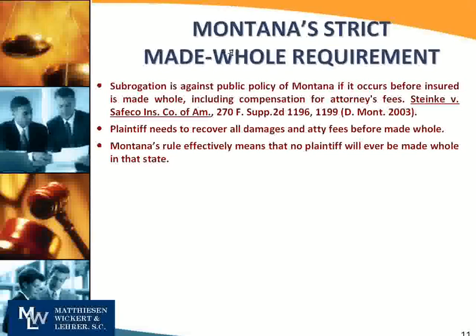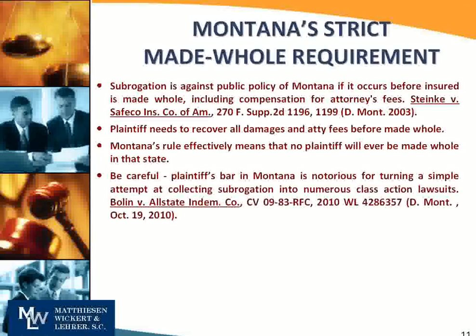In addition, I want you to be very, very careful when we're attempting to subrogate in Montana. Everyone's first inclination is to send a demand letter to the tortfeasor and send a notice letter to the plaintiff's attorney regarding your lien. I would make sure that you don't call it a, quote, lien in your letters, because what the plaintiff's bar in Montana is very famous for is turning molehills into mountains.